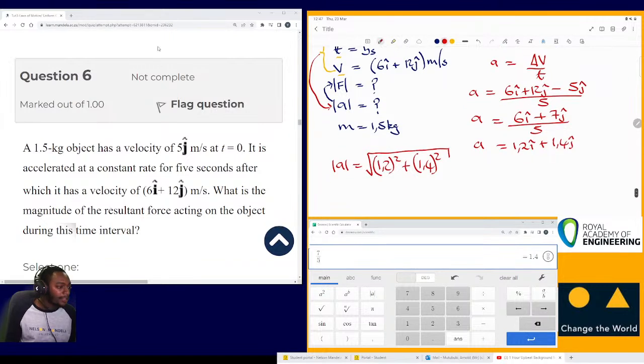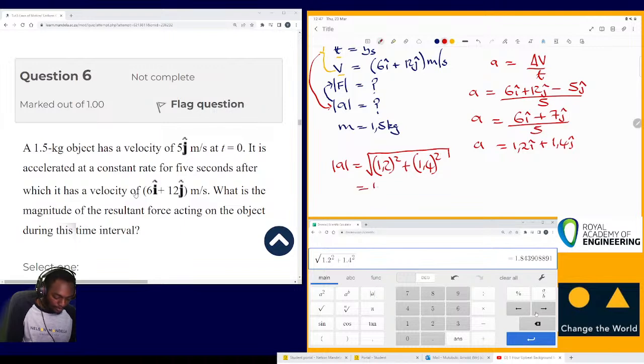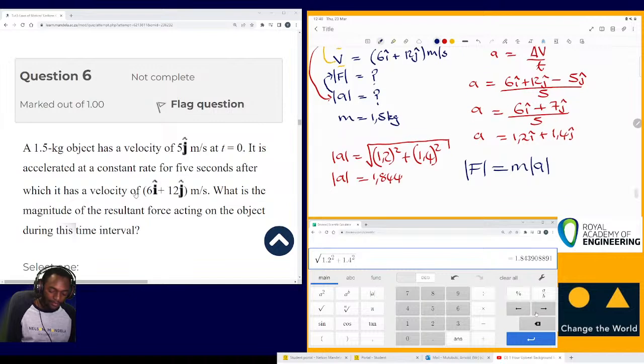All right, so let's work that out. That is 1.2 all squared plus 1.4 all squared. So we'll get 1.844. That is our magnitude for a. And we have mentioned that for every accelerating body, there's going to be a resultant force.